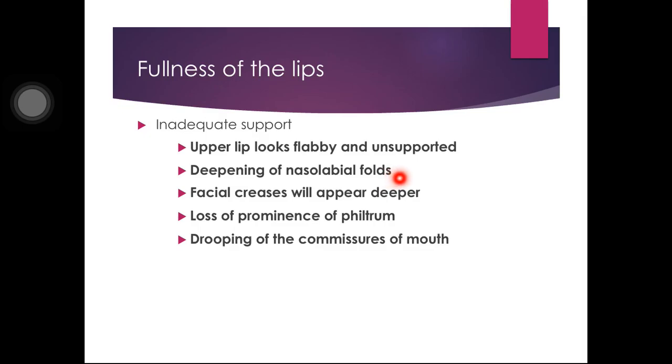Also, there is deepening of the nasolabial fold. The facial creases will appear deeper, with loss of prominence of the philtrum, and drooping of the commissures of the mouth. The correction of this, in case of inadequate support, is done by adding more wax.